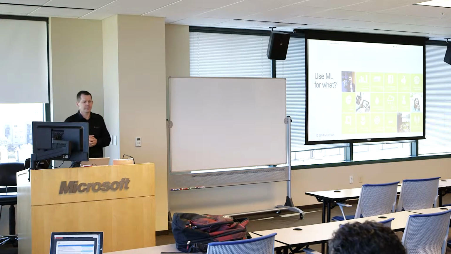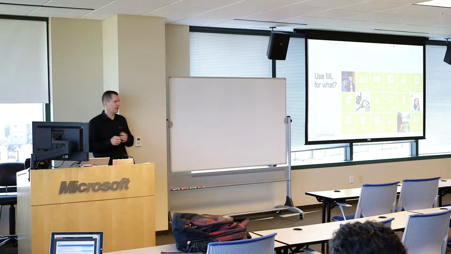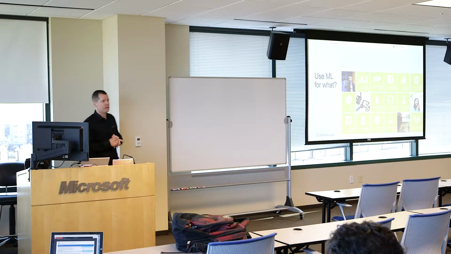I was talking to a public sector crowd recently about machine learning. There are a number of different police departments that are using machine learning to determine where crime might happen, and then, with the number of officers that they have, proactively patrolling those areas to prevent crime.